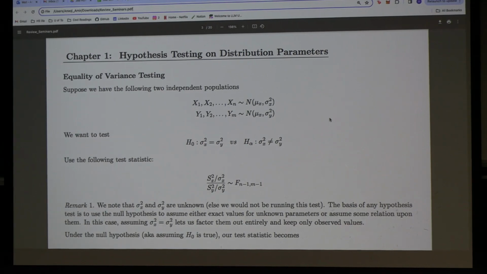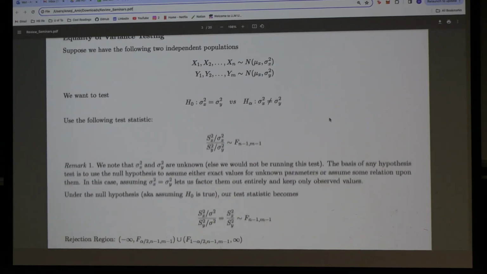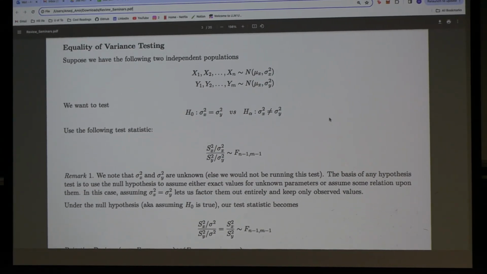However, under our null hypothesis, we claim that they are equal. And once we claim they are equal, they cancel out, and it just happens to be the sample variance of X over the sample variance of Y, and that's the same F distribution.